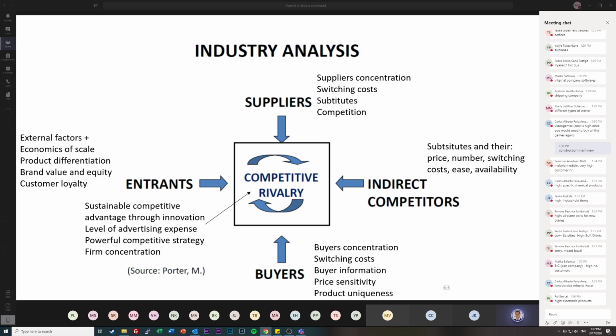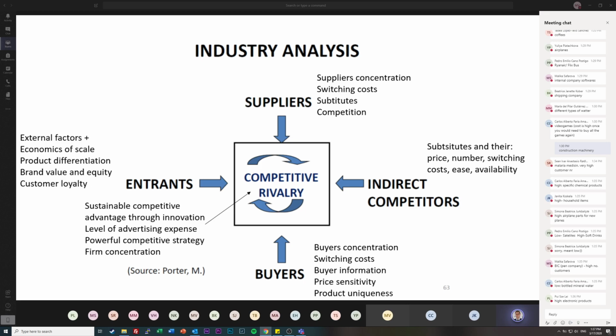One is more concentrated, another has a more distributed organization structure. So how is the competitive rivalry if we have the same companies, and what's the difference between them? One could pay more for innovation, one focus more on advertising expenses, or have a more competitive strategy, for instance, focusing on some growing segment of customers and so on.